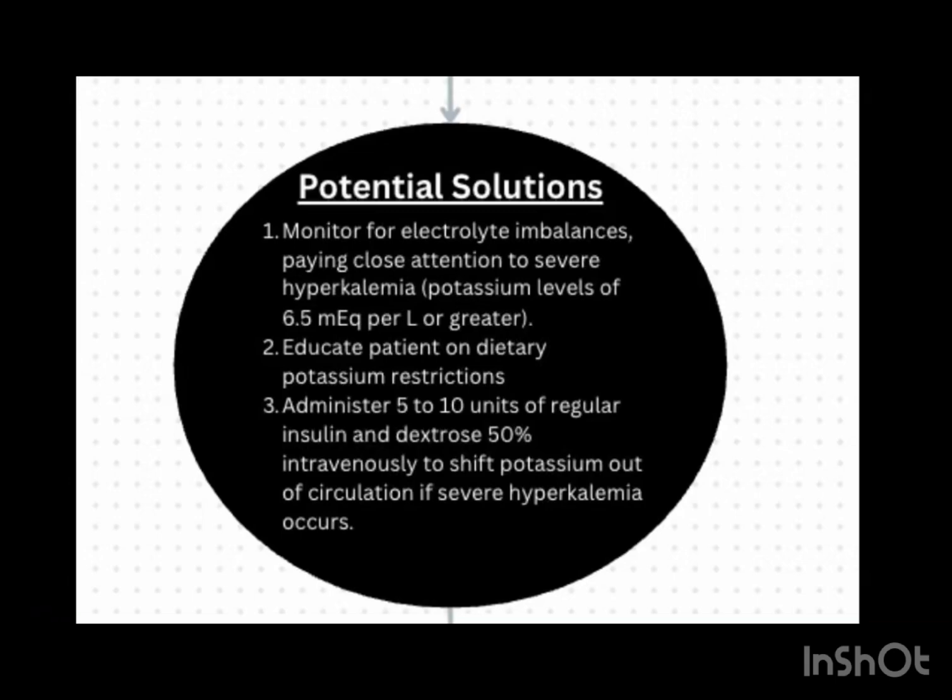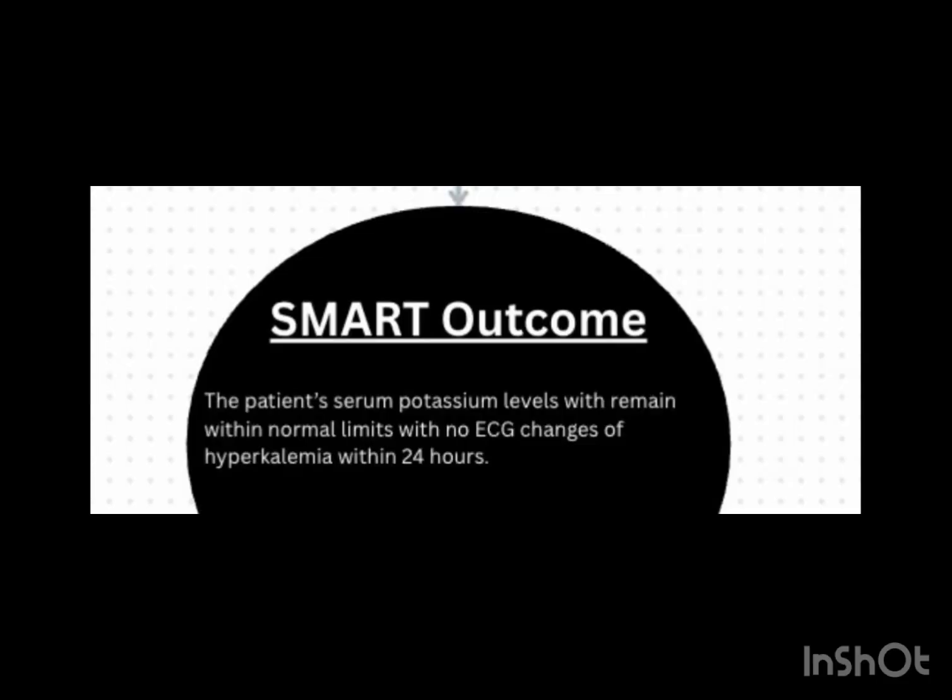So I chose monitoring electrolyte imbalances, paying close attention to severe hyperkalemia that's above 6.5, and I will educate the patient on dietary potassium restrictions and administer regular insulin with D50 IV to shift potassium out of circulation. And so the SMART outcome that I made was patient's serum potassium levels will remain within normal limits with no ECG changes or hyperkalemia within 24 hours.